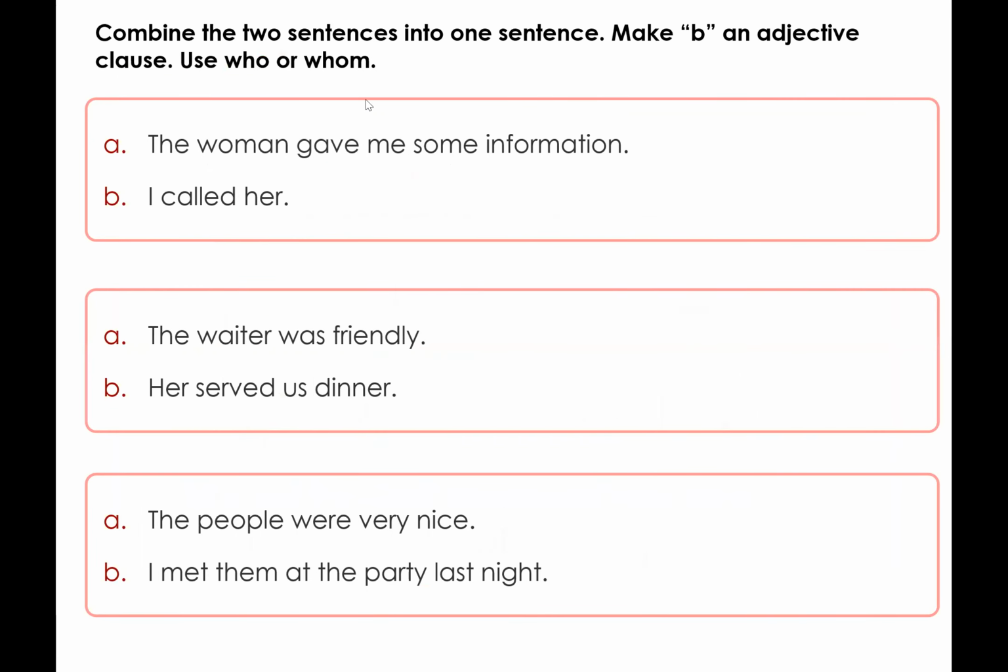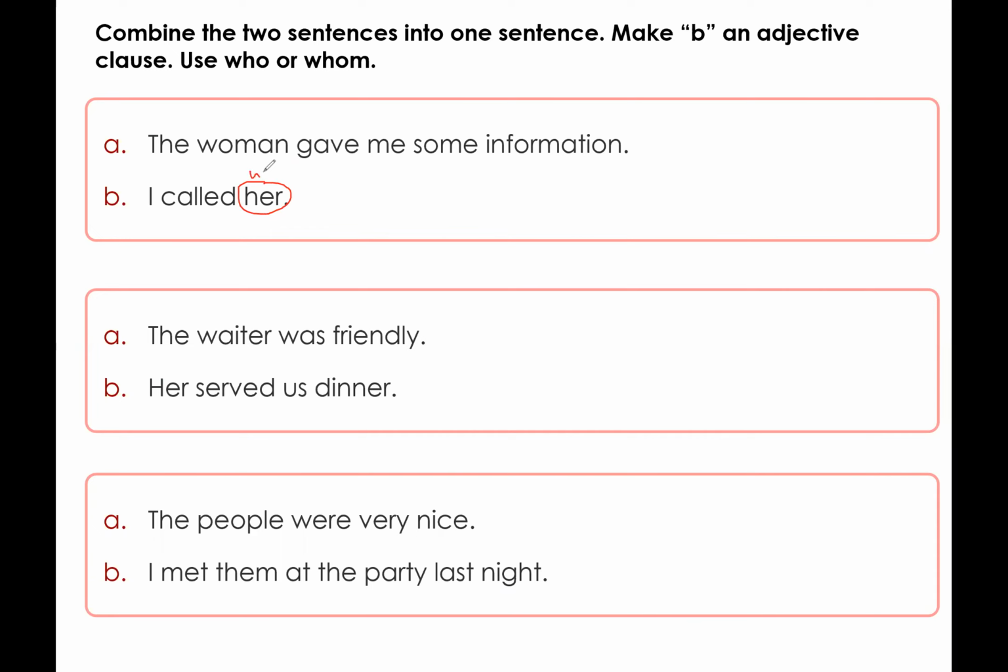All right, so now let's do some further practice. We're going to combine the sentences into one. Make it into an adjective clause using who or whom, right? So of course, depending on whether the pronoun that we want to use is a subject or object, we change it to who or whom. So in this case, the woman gave me some information. I called her.